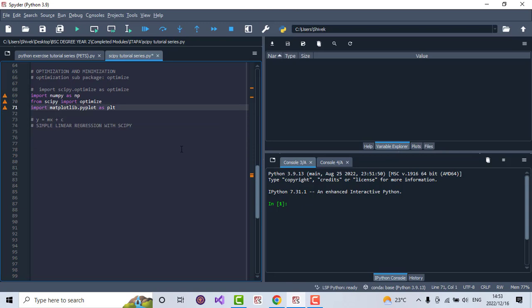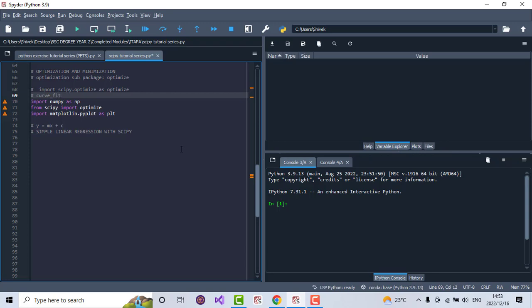Now, one thing I'd like to mention is that there are several ways to fit a linear regression kind of model to the data. In this tutorial, we will utilize the curve_fit method, specifically from the optimize package.